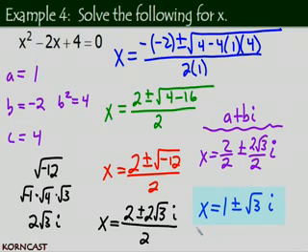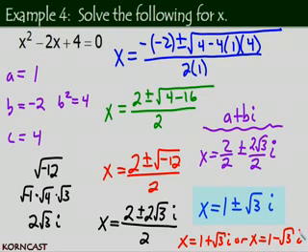Now please don't forget that we have two solutions for x because of the plus or minus. We get x is equal to 1 plus square root 3i, or x equals 1 minus square root 3i. Now you have all the power.